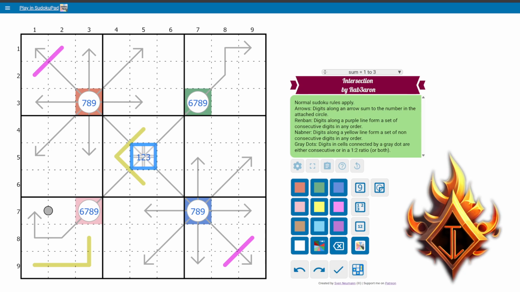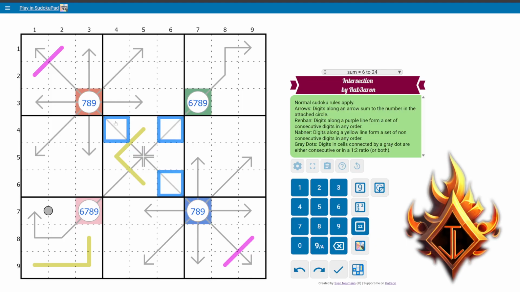Oh, you know what? Wait a minute. Is that true what I said for that cell? Blue. I think all of these could hide around here somewhere. I think I thought about that incorrectly.